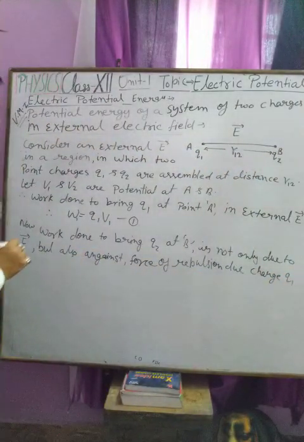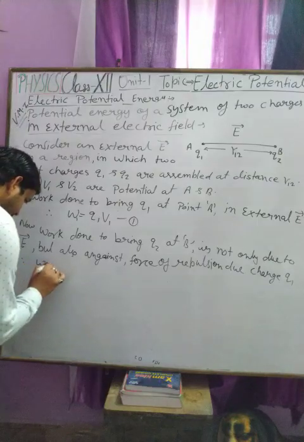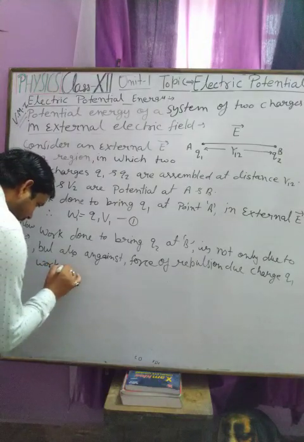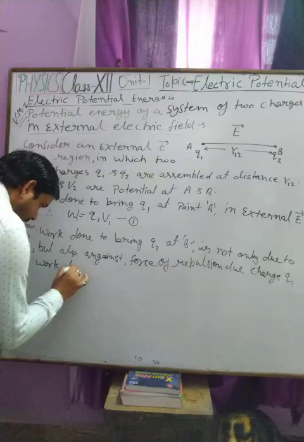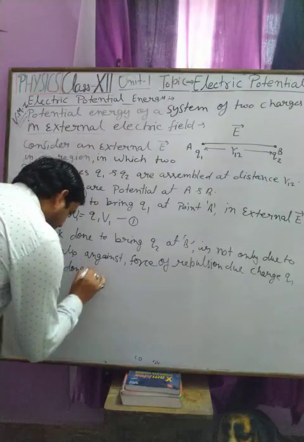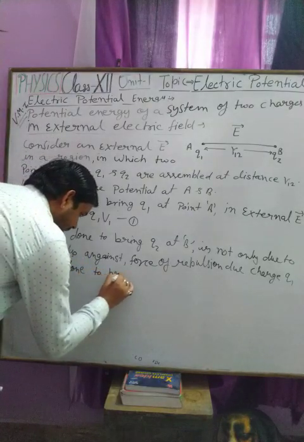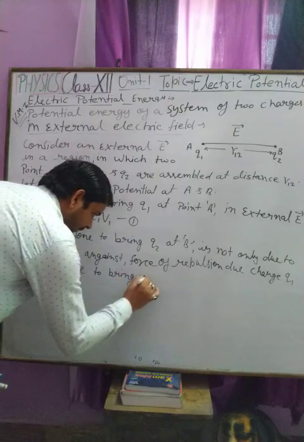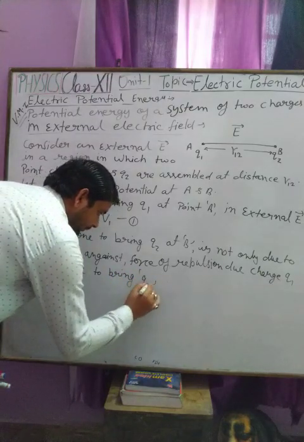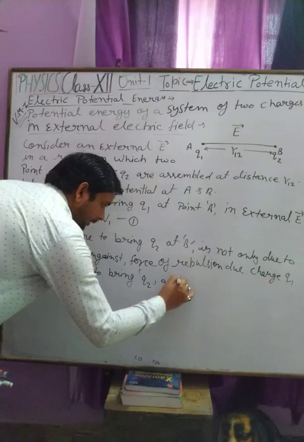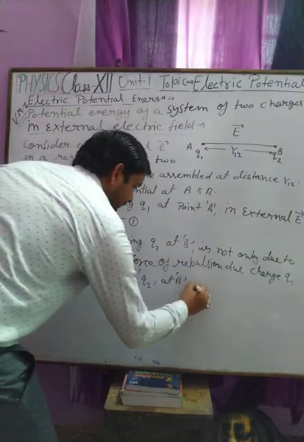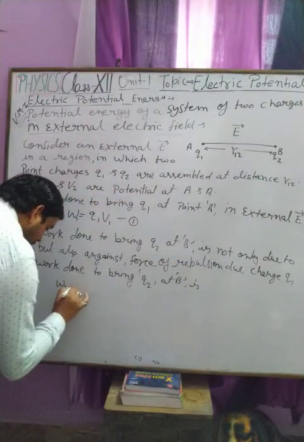Therefore, work done to bring Q2 at B is W2.